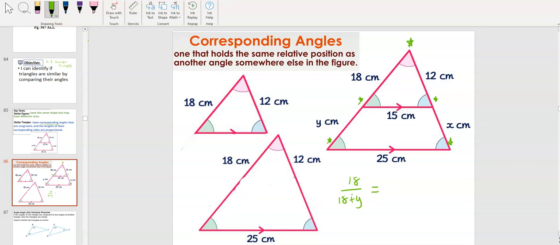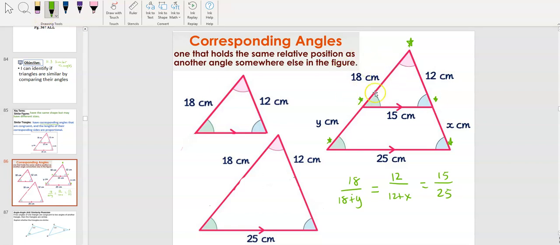But they need to be the same ratio as the other side lengths that we have here, which is 12 plus x, and the side lengths on the bottom, which is 15 to 25. So again, corresponding means that it's in the same relative position.